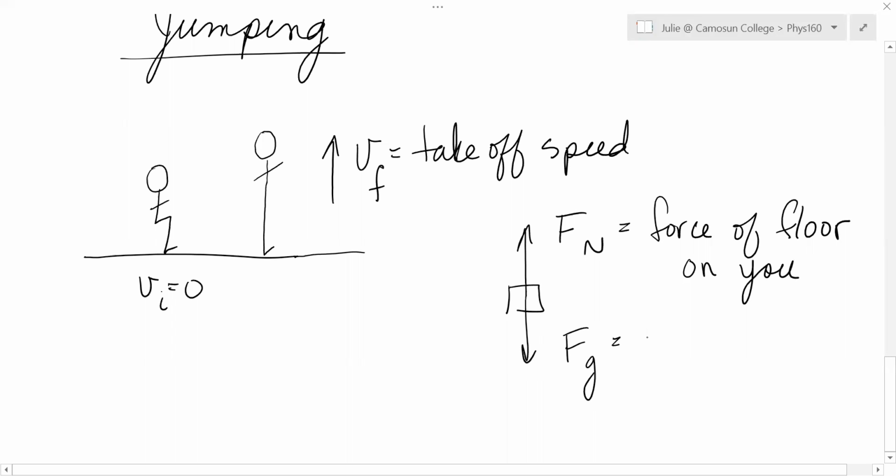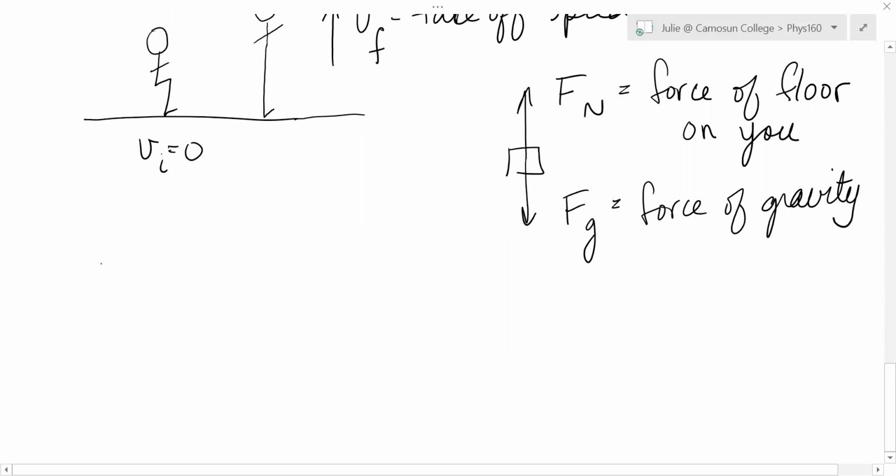You can't change that. And so your net force, remember it's the net force that results in acceleration. So F net, and people often forget the force of gravity. They think the only force on you is the floor, but your net force is up minus down. So it's Fn minus Fg, and that is equal to m times a.